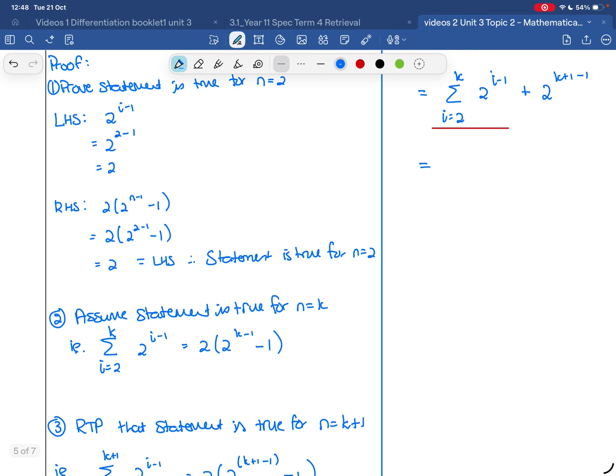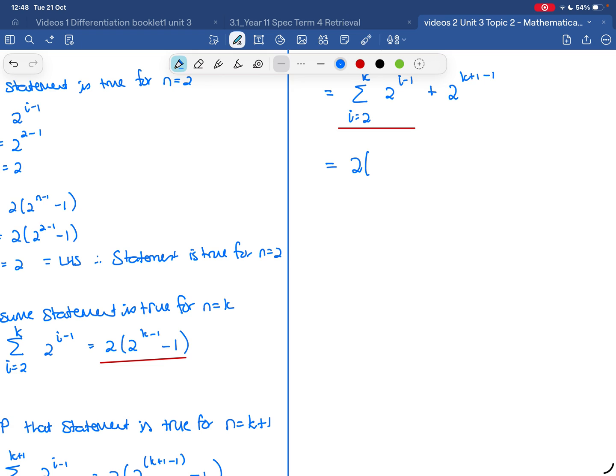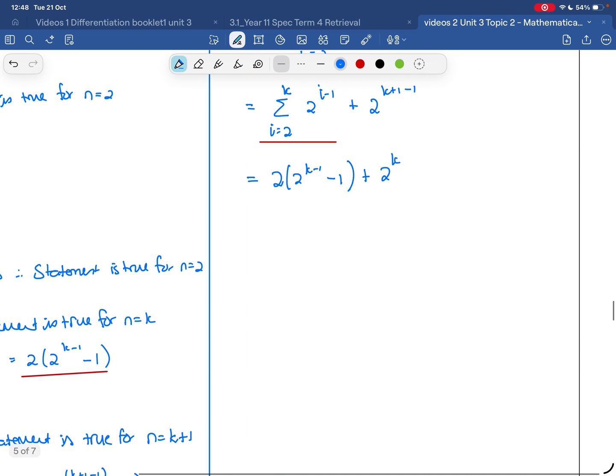So this over here, the 2 times (2^(k-1) - 1), can be put in. So 2 times (2^(k-1) - 1) plus 2^((k+1)-1), which is 2^k, and that we can say we're using the inductive hypothesis.